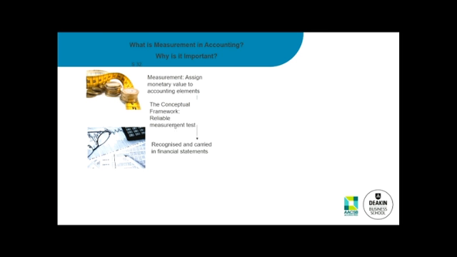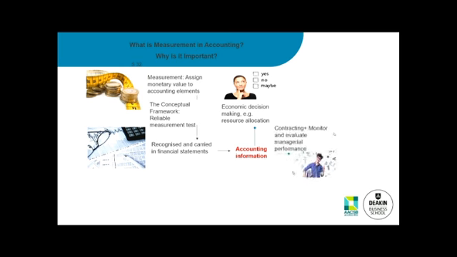And that figure that is tested as being reliable gets carried in our financial statements. And the information from the statements is going to help us make better decisions. It's also going to evaluate the performance of the entity, and we can compare it over time to see how an entity is performing.